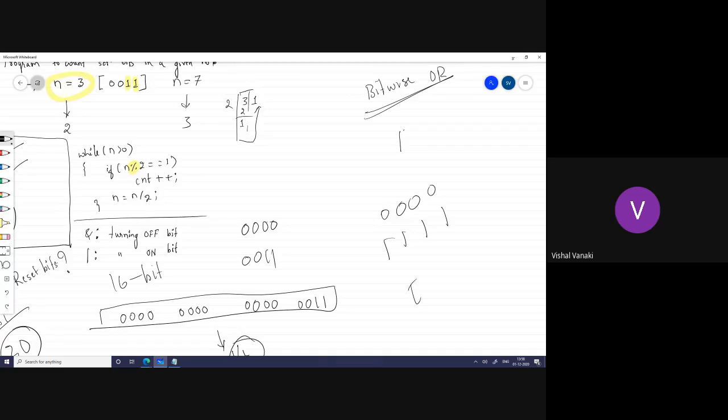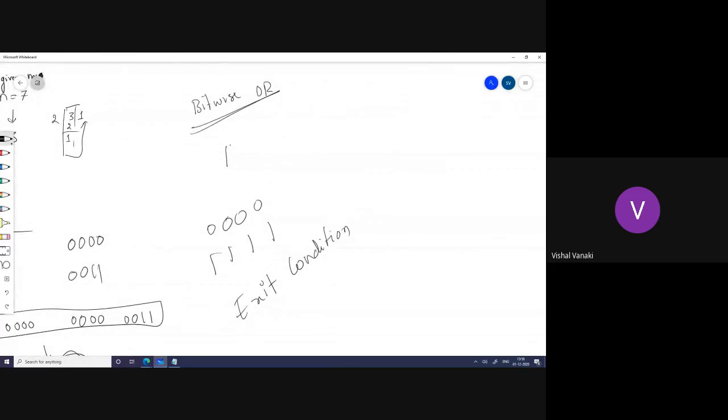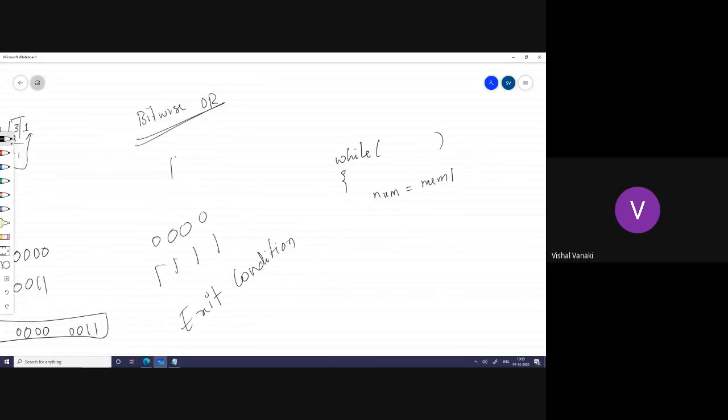So what is your exit condition for a loop? It should satisfy with 1. But I have a constraint, right? Bitwise OR, yes, we can do. But there is one problem here. If I write while some condition here, num is equal to num bitwise OR of num plus 1.